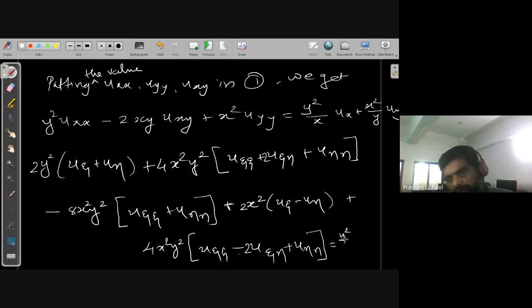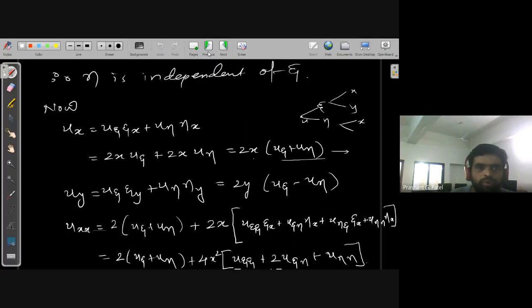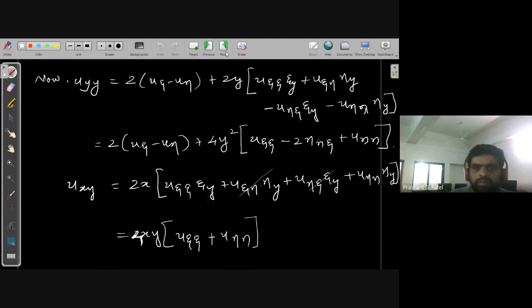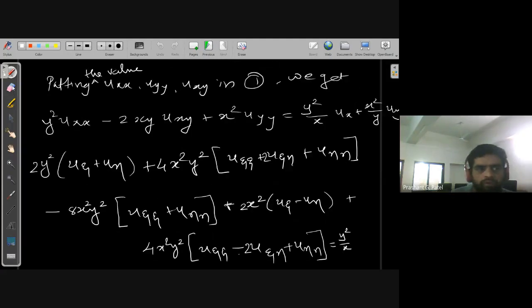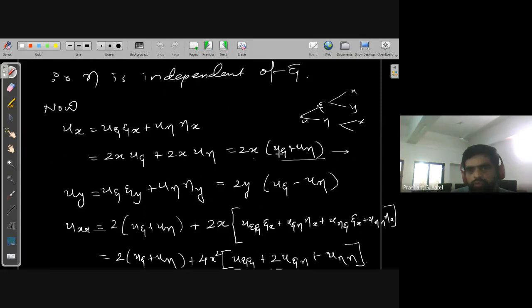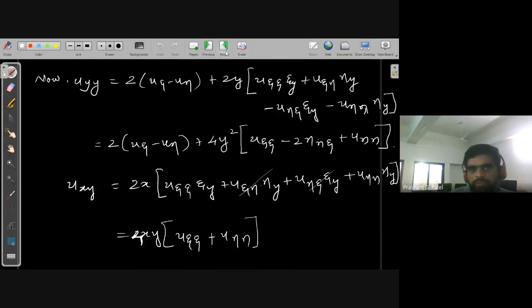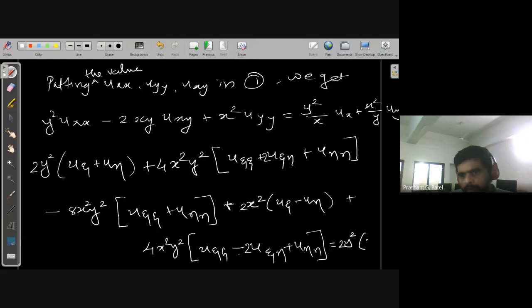on the other side it is y square by x. Ux, we have calculated ux also. The ux is 2x into u xi plus u eta. So that x will cancel out. So I just write down, it is y square into, you just see that x will cancel out, 2 times this. So it is 2 times u xi plus u eta, plus here it is x square by y into uy.